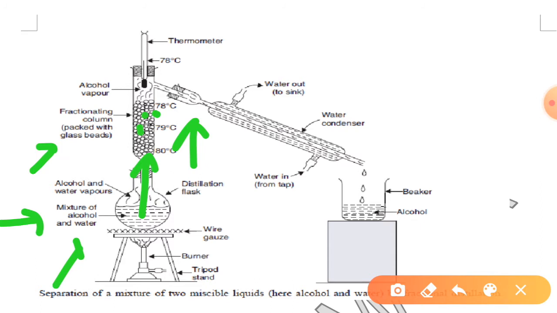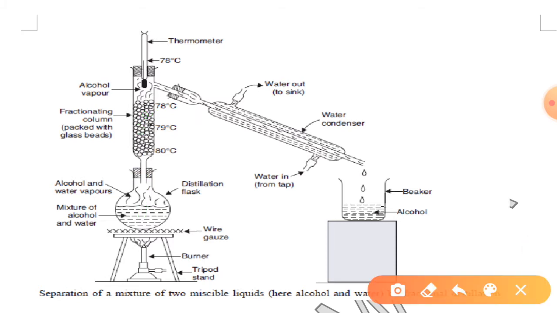Okay, now if you say that here at the top at this region, initially the temperature will be very low because the vapor reaching here, they were getting condensed. But with time, when the vapors from lower side, they will come and they will heat this area, slowly the temperature of this region will go up to 78 degrees Celsius.